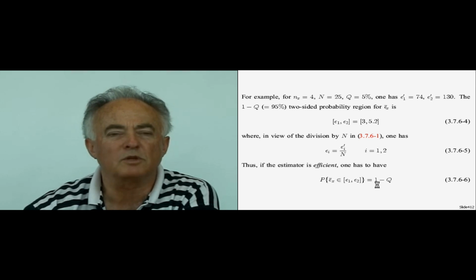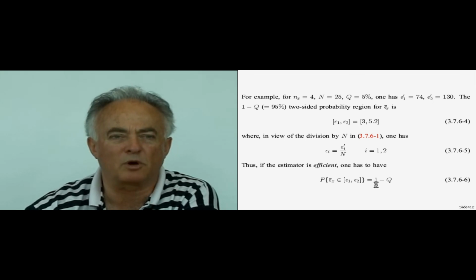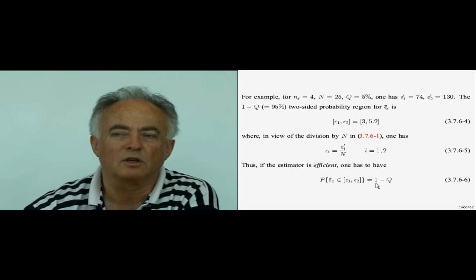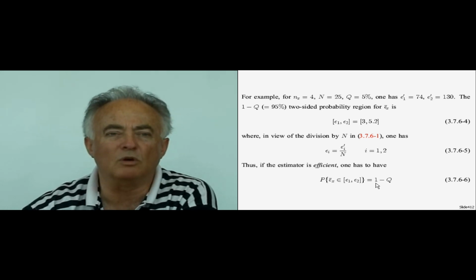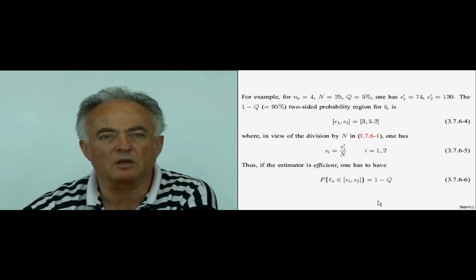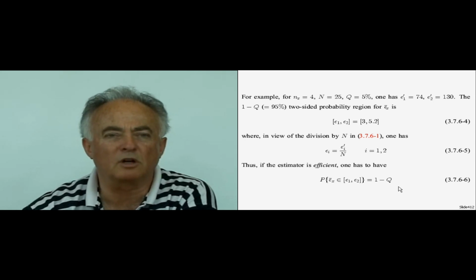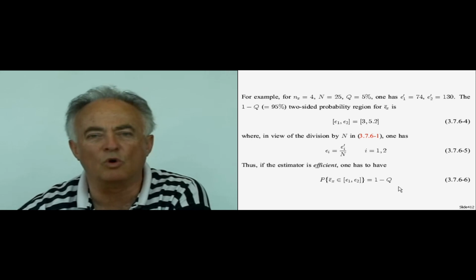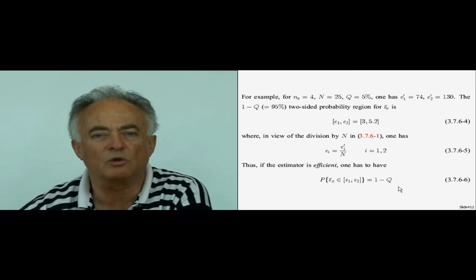If it is, we say yes, we accept the hypothesis that the estimator is efficient. If it's outside, we reject it, even though with a small 5% probability tail, that's what we did here, Q 5%, we might make a mistake. It means, by bad luck, the random numbers were too large and they ended up outside. But we have to take this chance in all decisions that have to be made using random quantities.